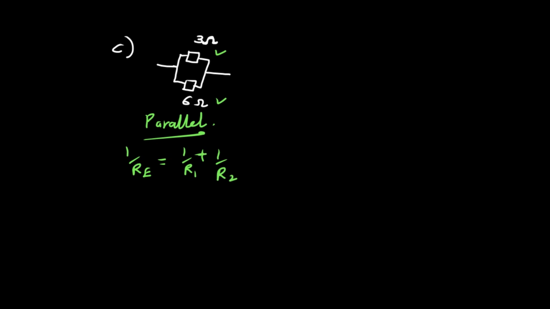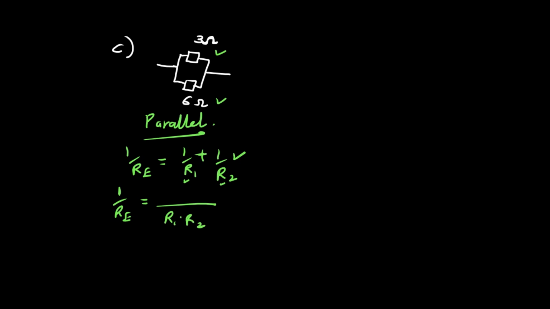Now, we can either substitute this one, or we can further solve this equation to give us another equation. This is allowed. Another way, you just say 1 out of RE equals, so the LCM of R1 and R2 is R1 times R2.